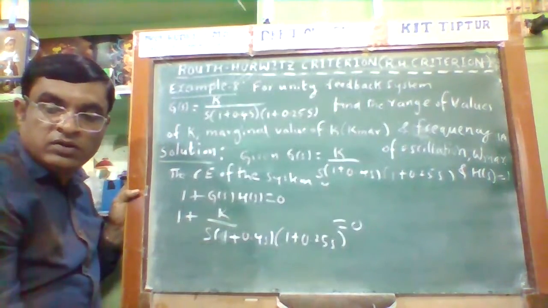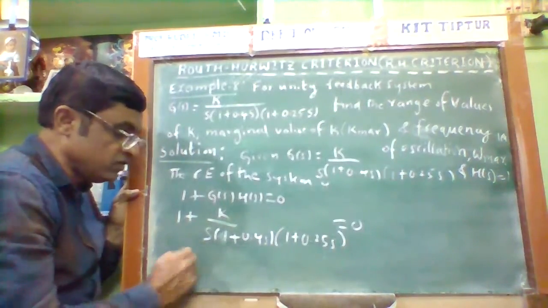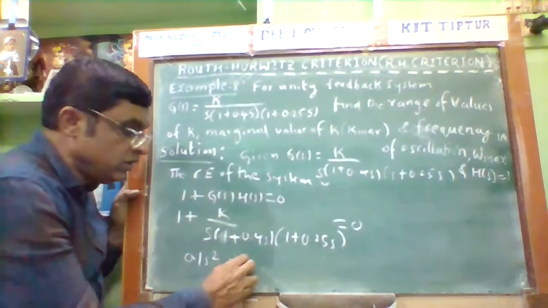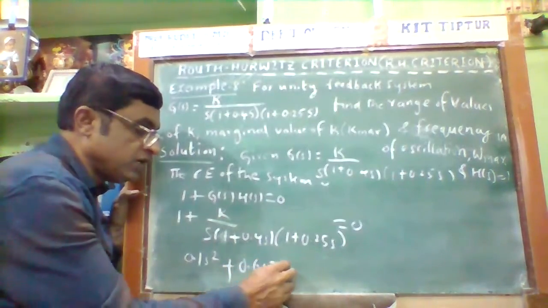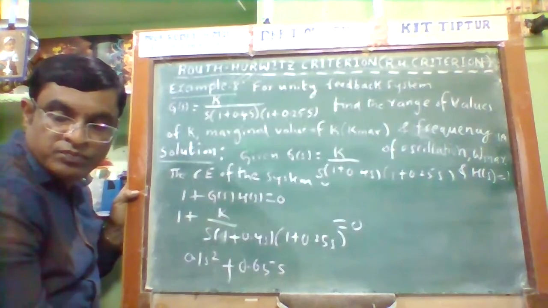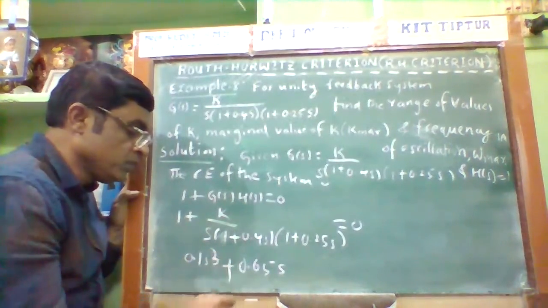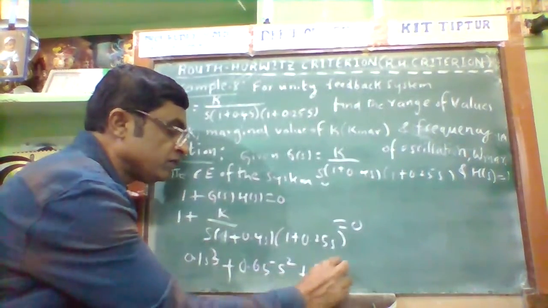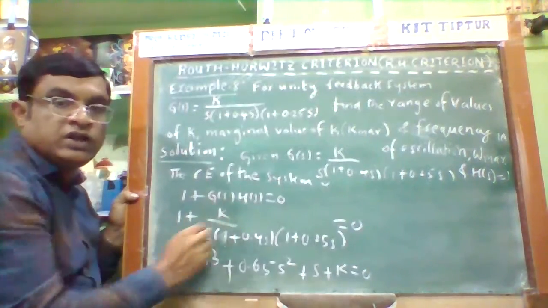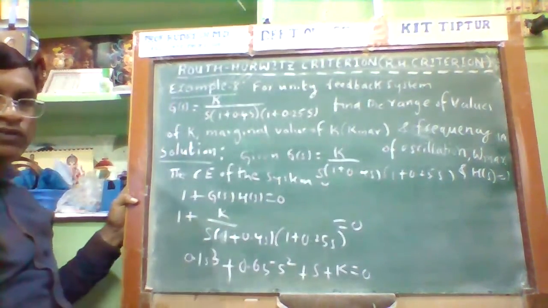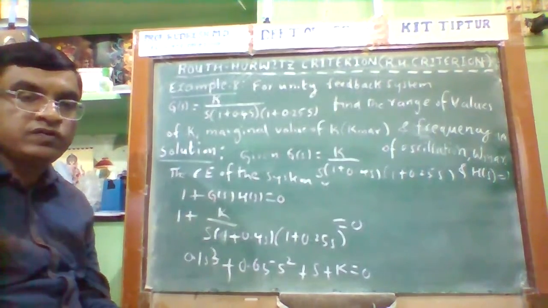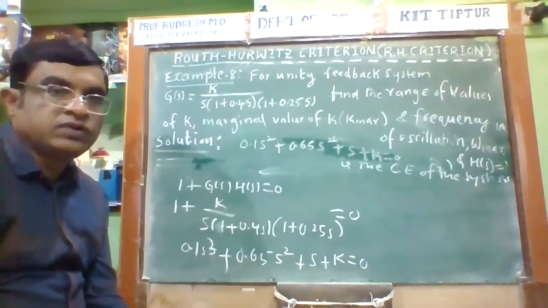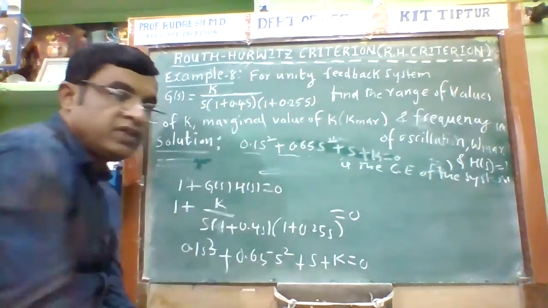If I take the LCM, cross multiply and simplify, I get the characteristic equation: 0.1 s cube plus 0.65 s square plus s plus K is equal to 0. This is the characteristic equation of the system.